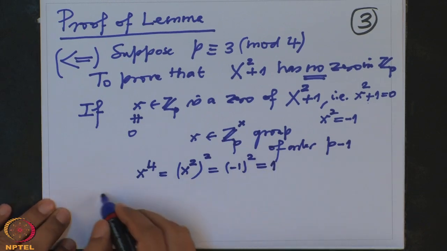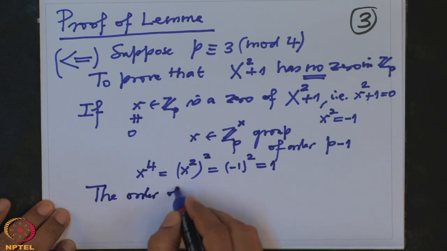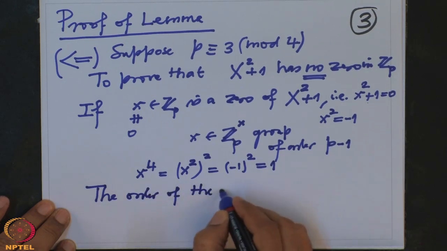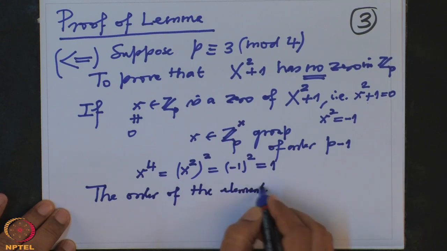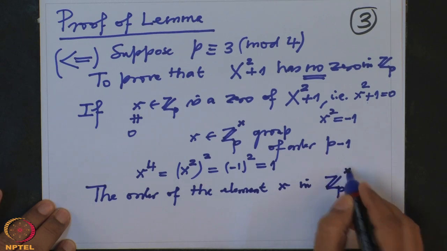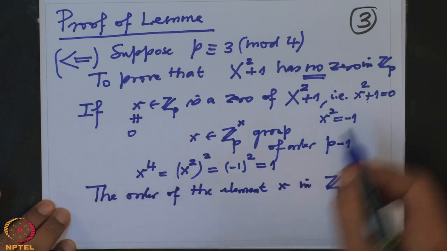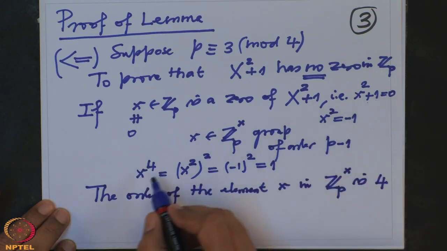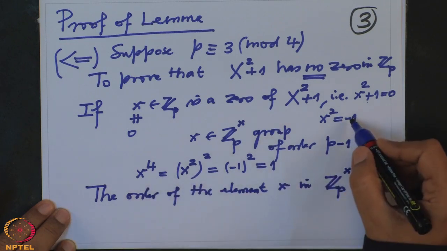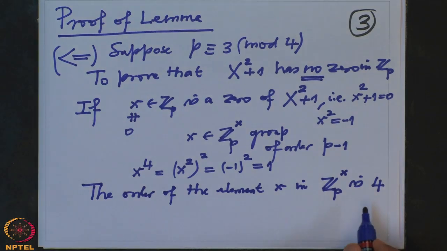So this means the order of the element x in the group Z mod P cross is 4, because x is not 1 and x square is minus 1. So therefore the smallest power of x which becomes identity in the group is precisely 4. So order x is 4.